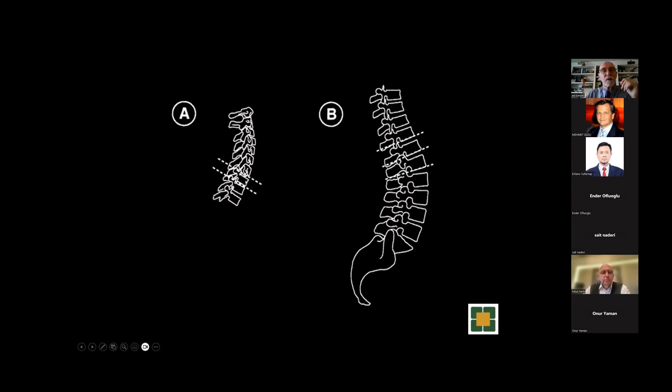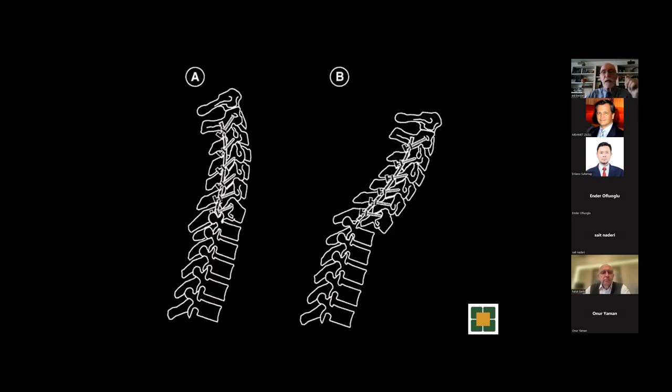Conversely, at the cervicothoracic junction, we have an abrupt change in dynamics at the C7-T1 junction, going from a mobile cervical spine to a relatively immobile thoracic spine. This causes a lot of stress at this point and can lead to failure.